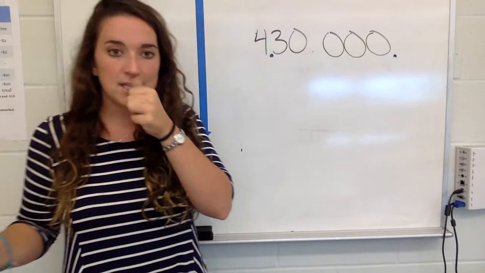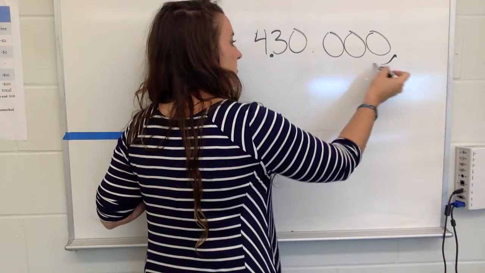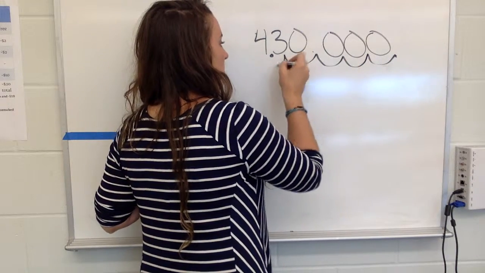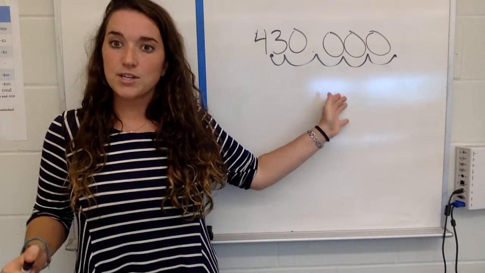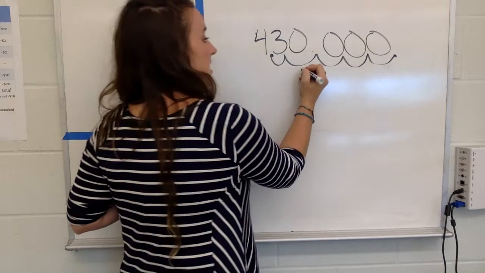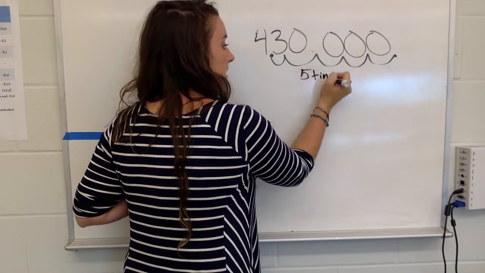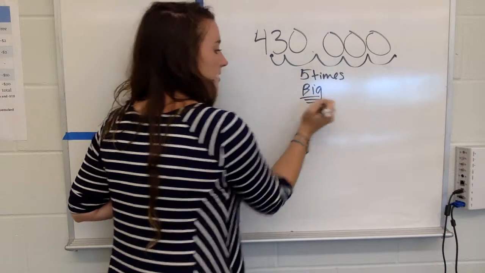So our first question says, how many times did you have to move the decimal? Let's count. 1, 2, 3, 4, 5. I had to move it 5 times. Second question, is this number really big or really small? It is really big. So 5 times and it is big.